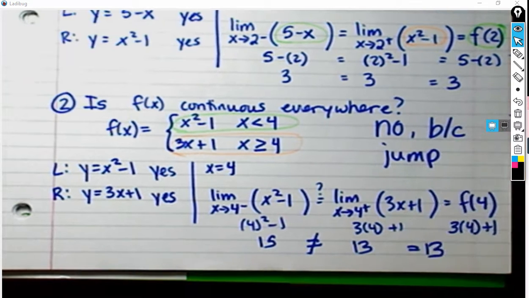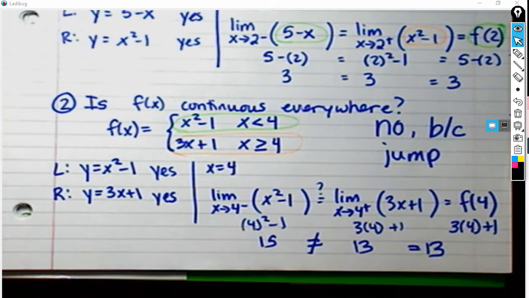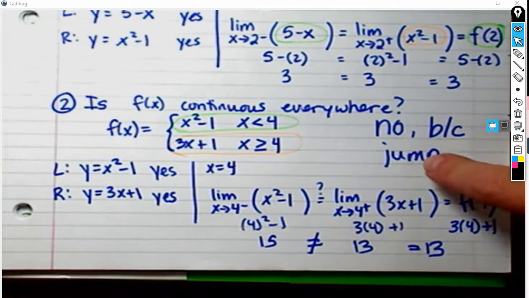All right, guys, you've got to think about it. The left side is 15. The right side is 13. They're not in the same place, and it's a jump. So you have to look at how your statements simplify in order to get the right vocab word that goes with it. It's not continuous because there's a jump.